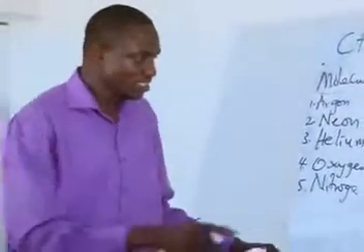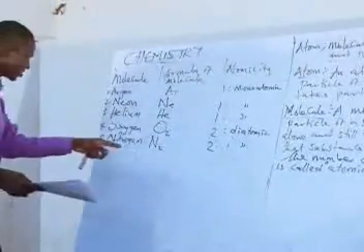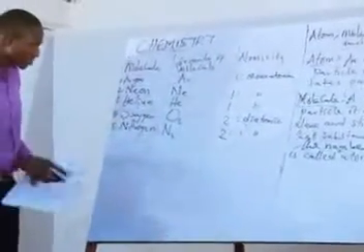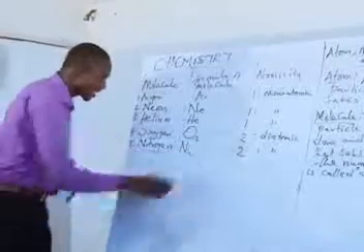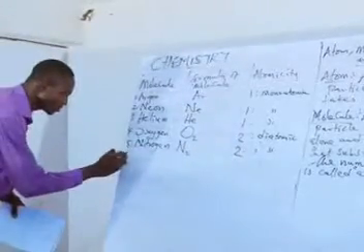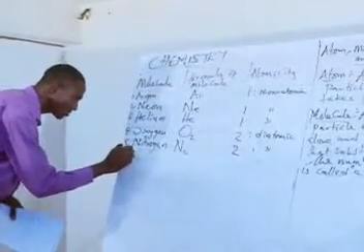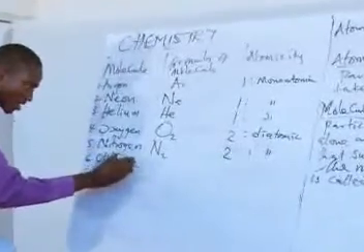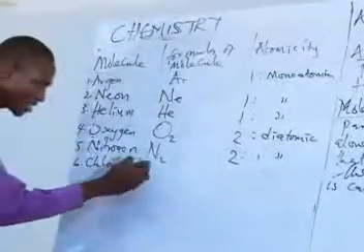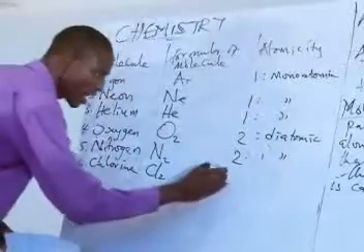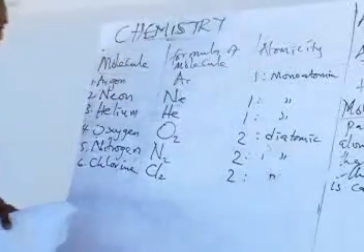Similar to oxygen, we have 2 atoms of nitrogen here, so the atomicity is also 2, and it is diatomic. Another diatomic molecule is chlorine and other halogens. The formula is Cl2, and the atomicity is also 2, which is diatomic.